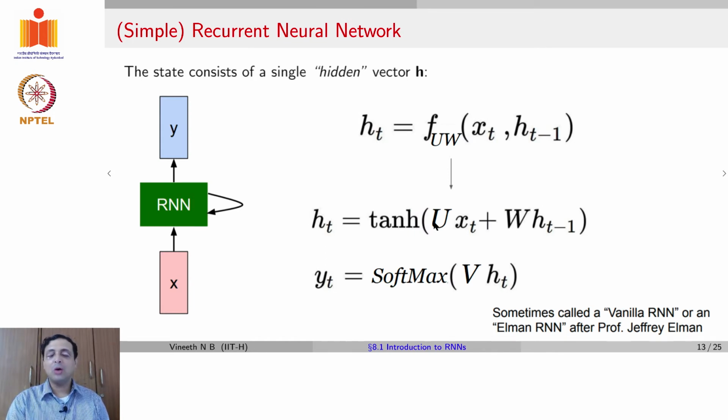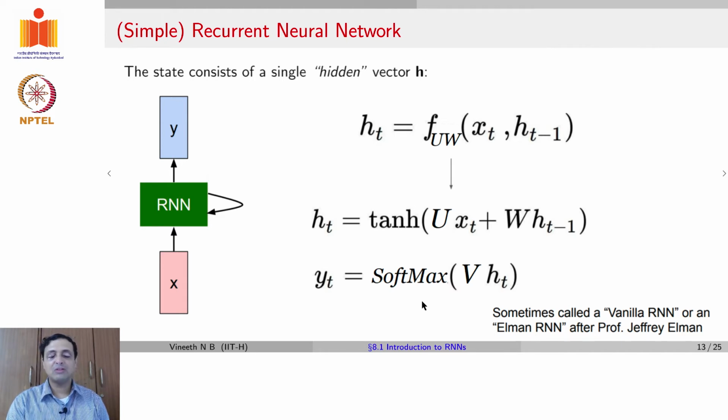So you could now think of using activation functions depending on the task that you have. So this recurrence relation that we just wrote here would now be ht equals, say, a tanh activation function, which is commonly used in recurrent neural networks, of U into xt, where U is a matrix of weights that multiplies xt, plus W into ht minus 1, where W is a matrix of weights that multiplies the input ht minus 1.